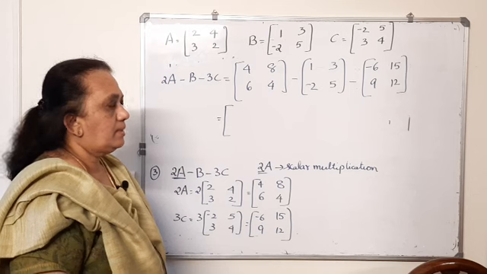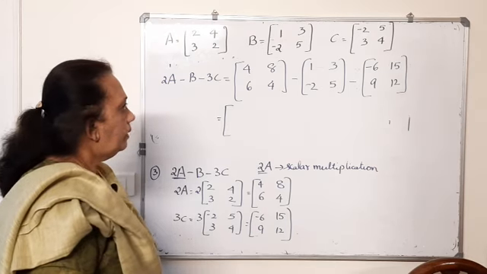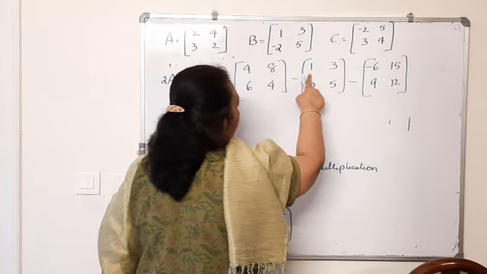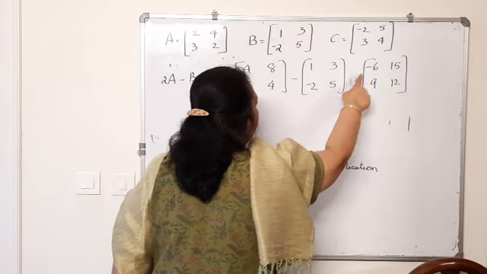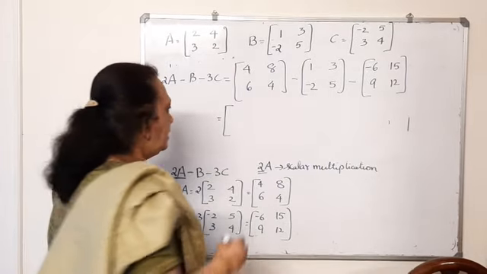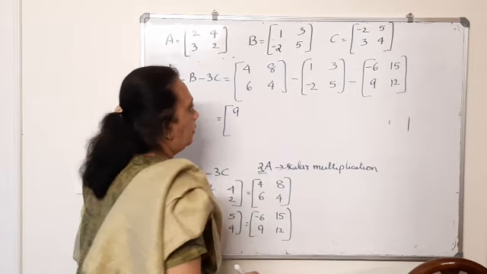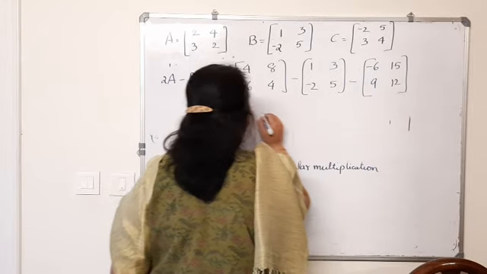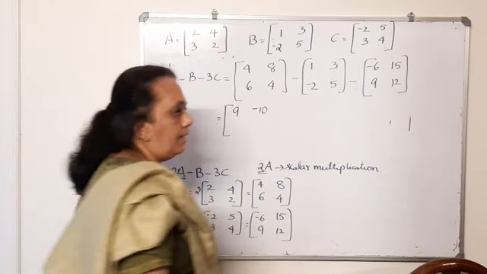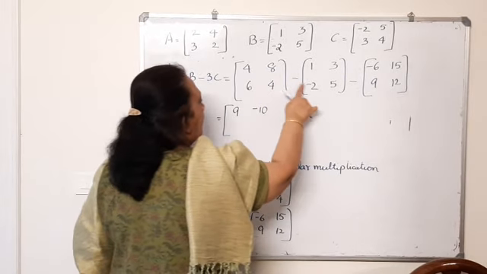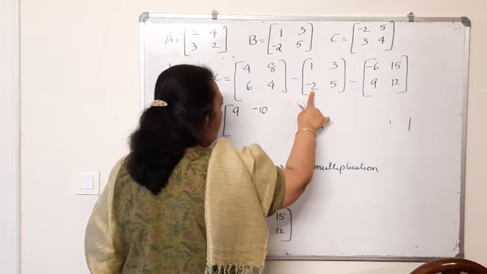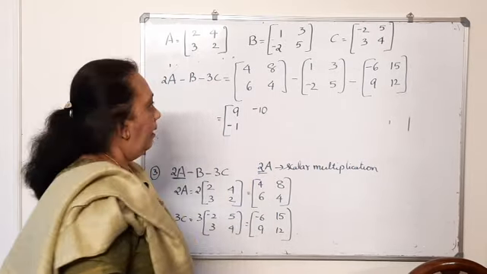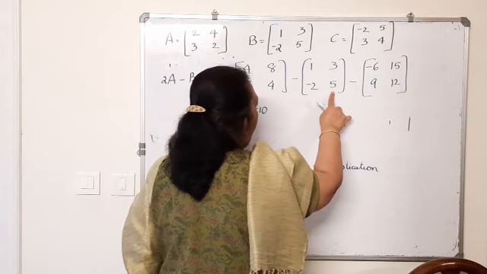All the three matrices are of the same order. So what you will do is take the corresponding elements. 4 minus 1, 3. 3 minus minus 6, that is 3 plus 6 is equal to 9. 8 minus 3, 5. 5 minus 15, minus 10. 6 minus minus 2, 6 plus 2, 8. 8 minus 9, minus 1. 4 minus 5, minus 1.